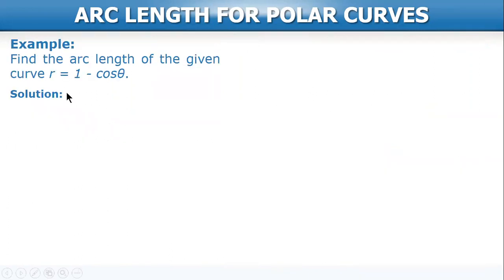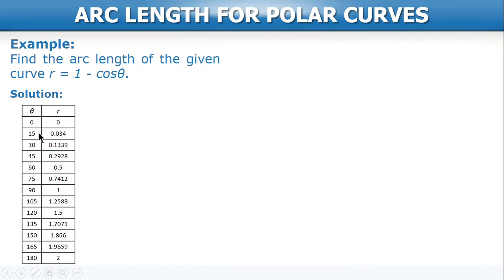Okay, let's have this sample problem. Find the arc length of the given curve, r equal to 1 minus cosine theta. Similar to what I did in the previous video about plotting points with polar coordinates, this is the result.